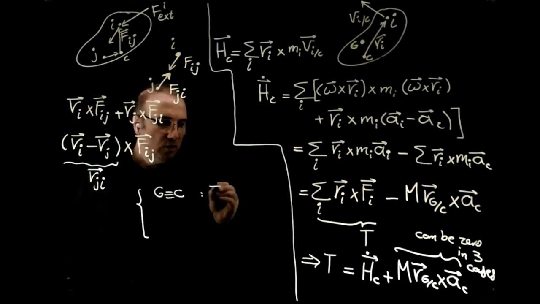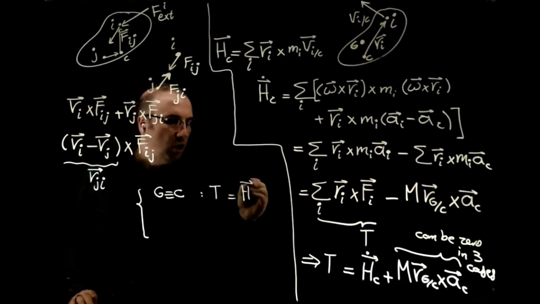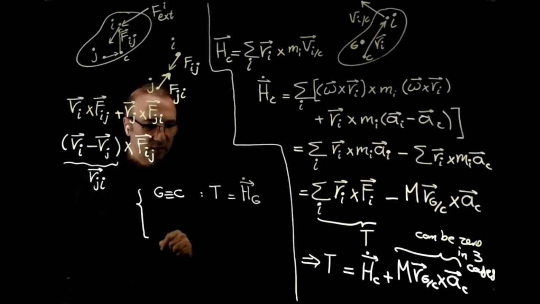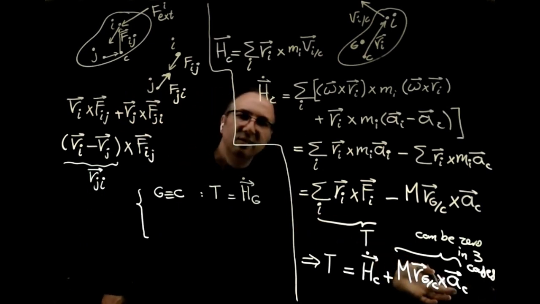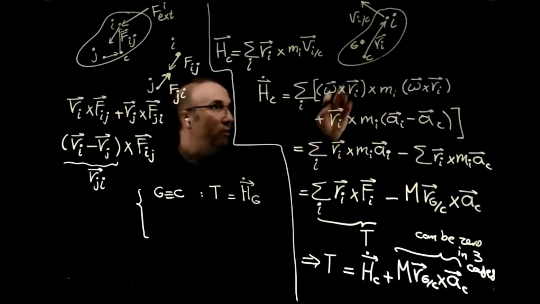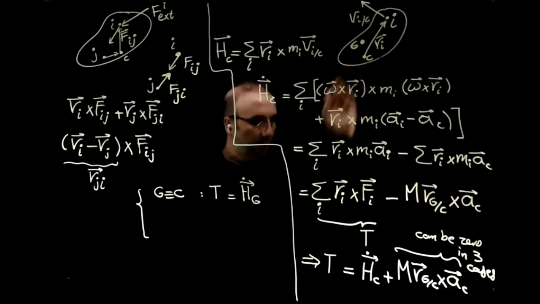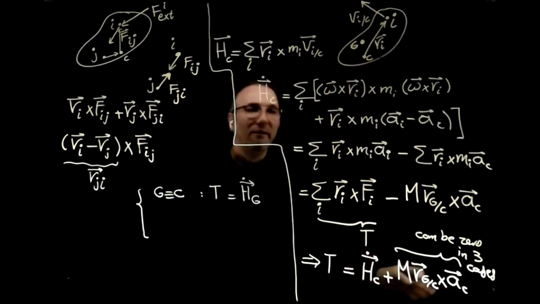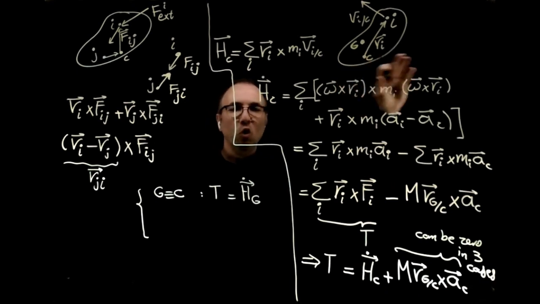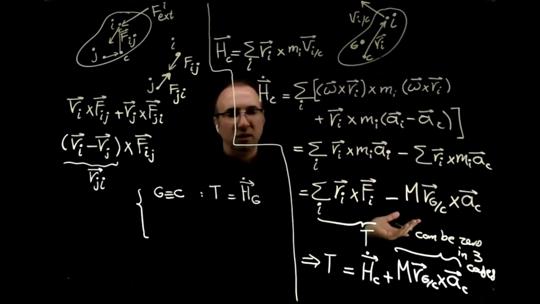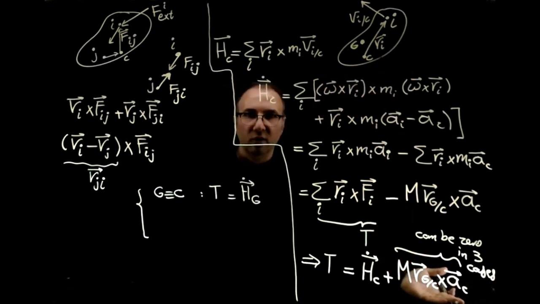So we can write T or sigma M equals to H dot of that center of mass, around center of mass. All right. The other case is that when AC is 0, so we pick a point and we write angular momentum around that point, for which that point is going with constant velocity. Constant velocity makes the acceleration 0.